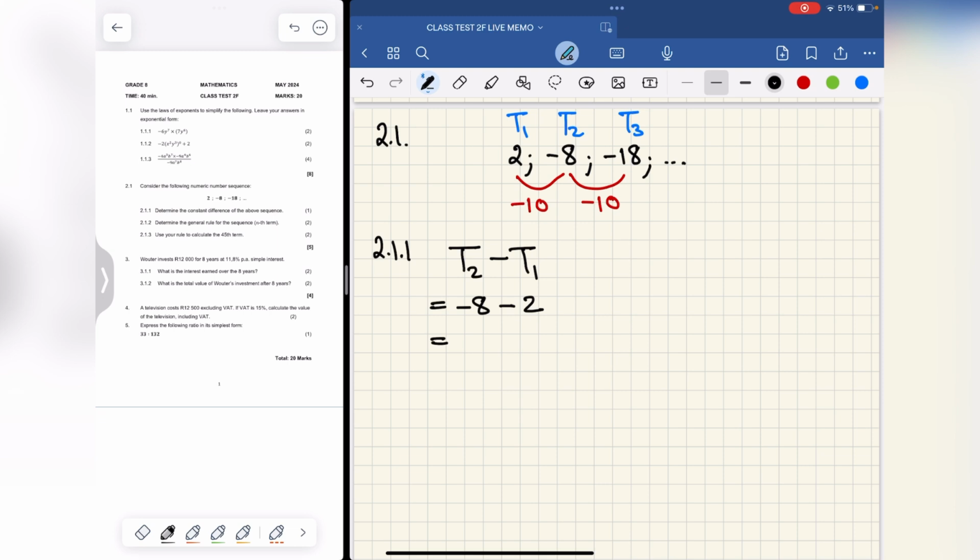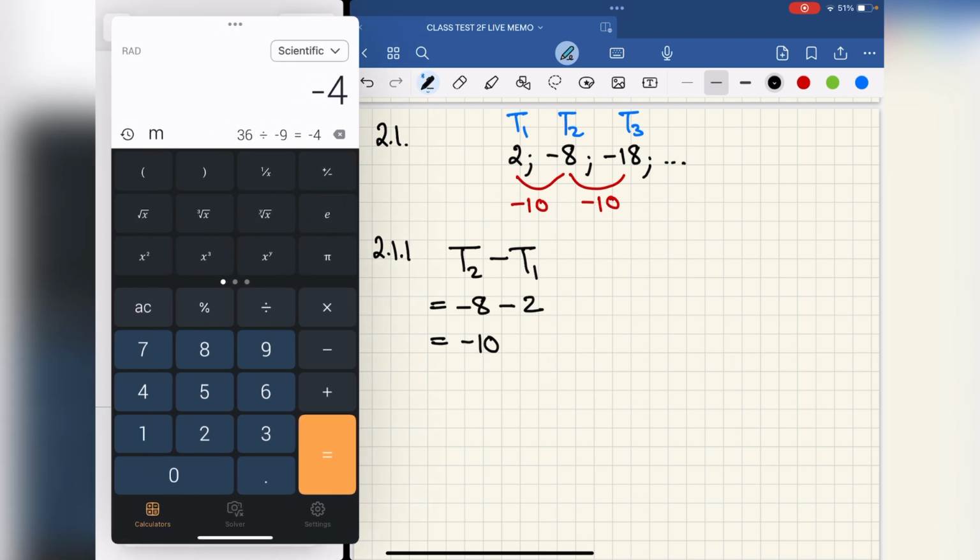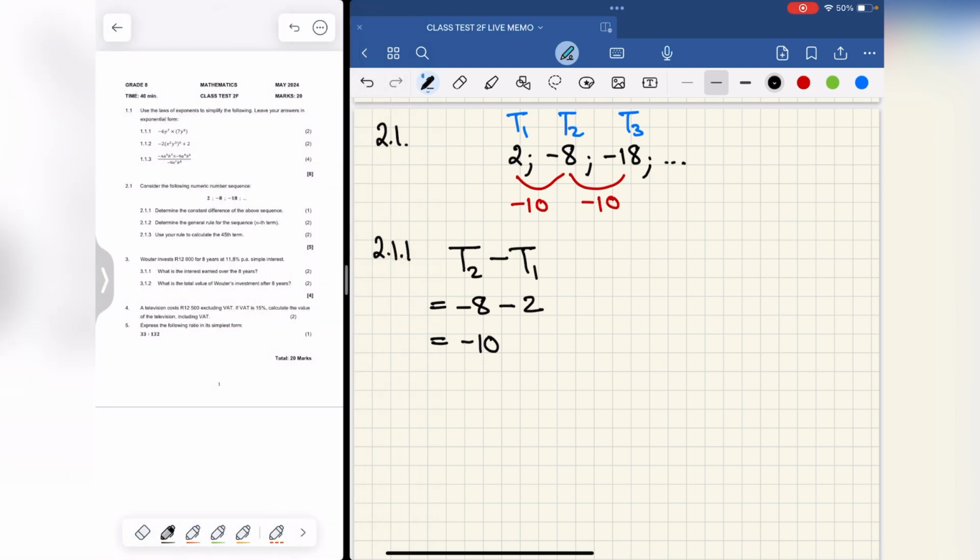And again, use your calculator and you'll find that it's -10, because a lot of you, if you do this without a calculator and you do it in your head, confidently thinking that you're doing the right thing, you get different and incorrect answers. So just check with the calculator. So I will say -8 minus 2 and I get -10. Okay, so that is simple.